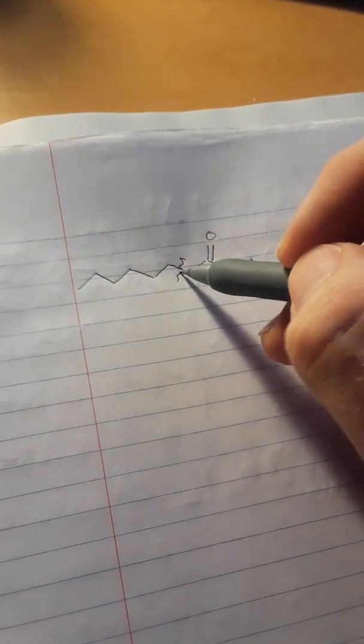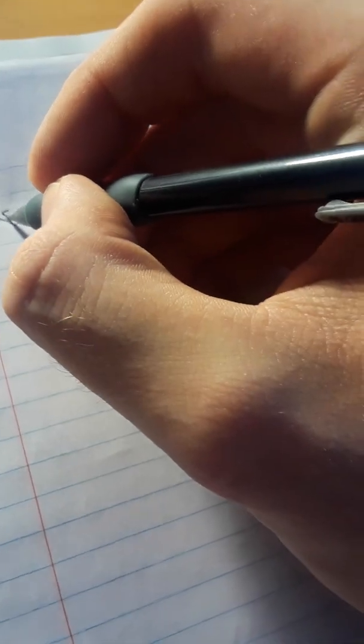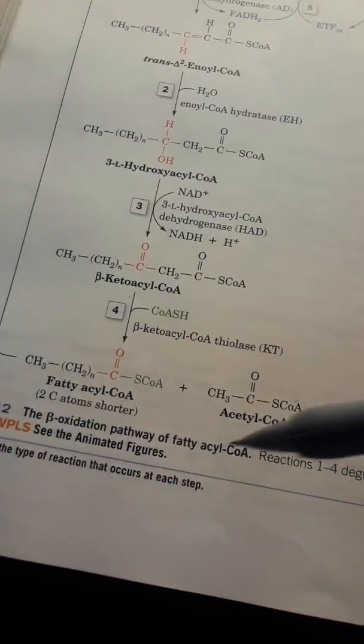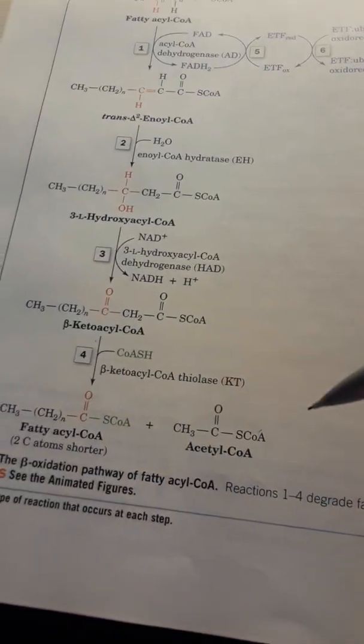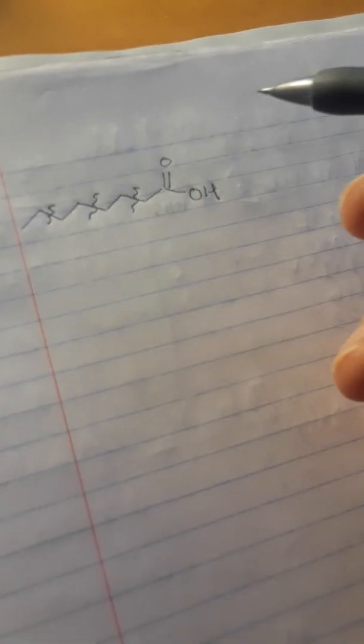So it keeps doing this at every second carbon until in the end you end up with your acyl-CoA. On the last step, when you get your acetyl-CoA, your acyl-CoA will also be an acetyl-CoA, assuming that the number of carbons in your fatty acid chain is even.